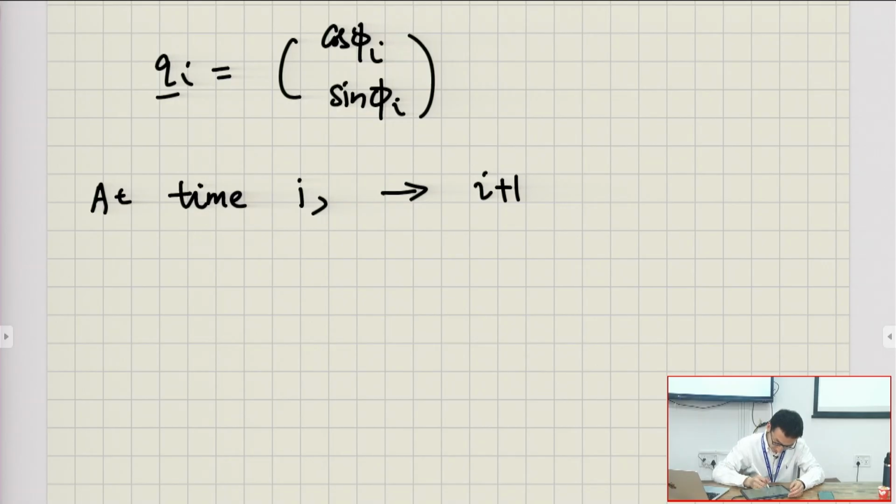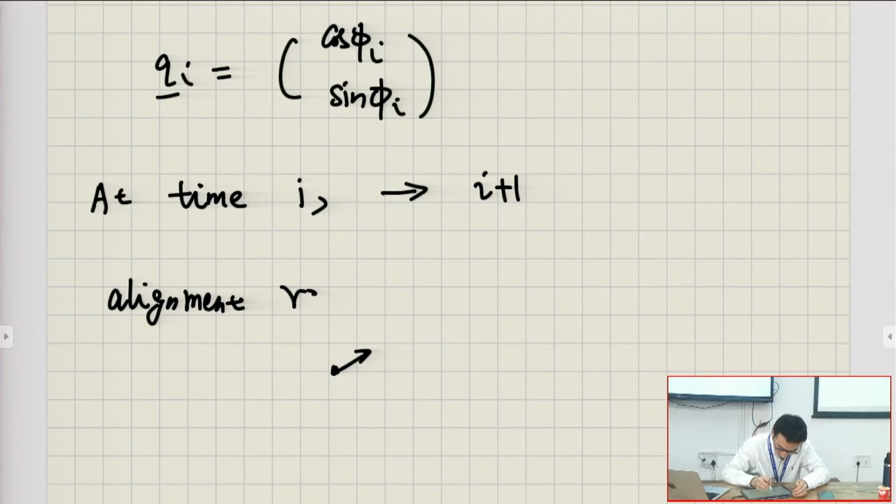So say you have a particle here. The other thing you want to do is define your interaction or alignment radius. Let's call that R naught. For each particle in your system, you go around all other particles and check their relative distance to you. If that distance is within the radius R naught, you include that orientation in the average.